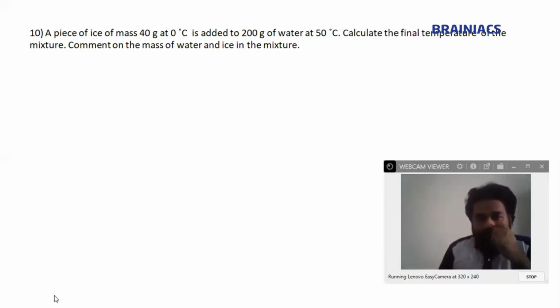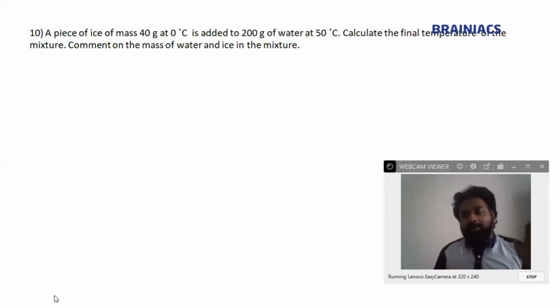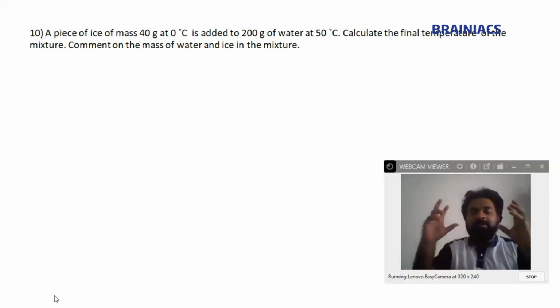Now we do not know actually what will happen to the mixture. All the questions which we have done till now were moving in one direction. That is, ice at 20 degrees Celsius is becoming water at 20 degrees Celsius. One side flow. Here the problem is ice is on one side and steam on the other.